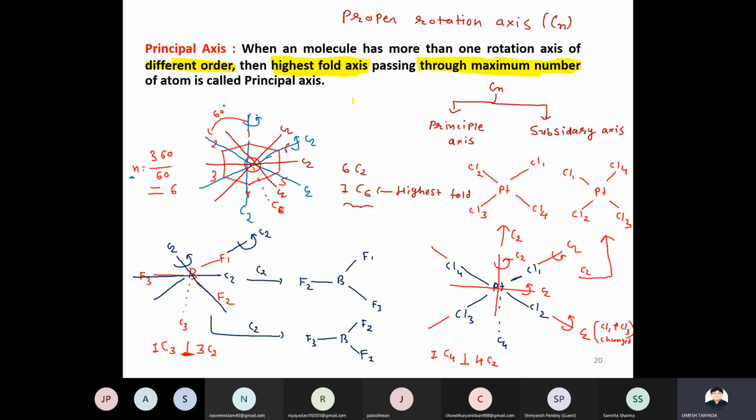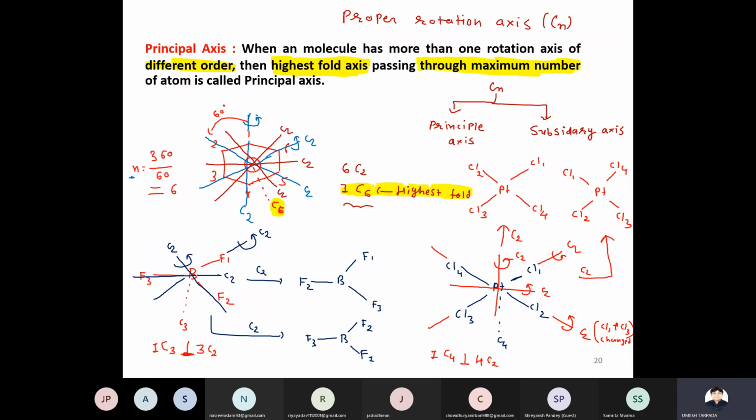Now you tell me which axis is there as a principal axis in benzene. C2. What is the fold of C2? C6. See, C2 is a two-fold axis and C6 is a six-fold axis. So C6 is the highest pole axis. It is the principal axis.